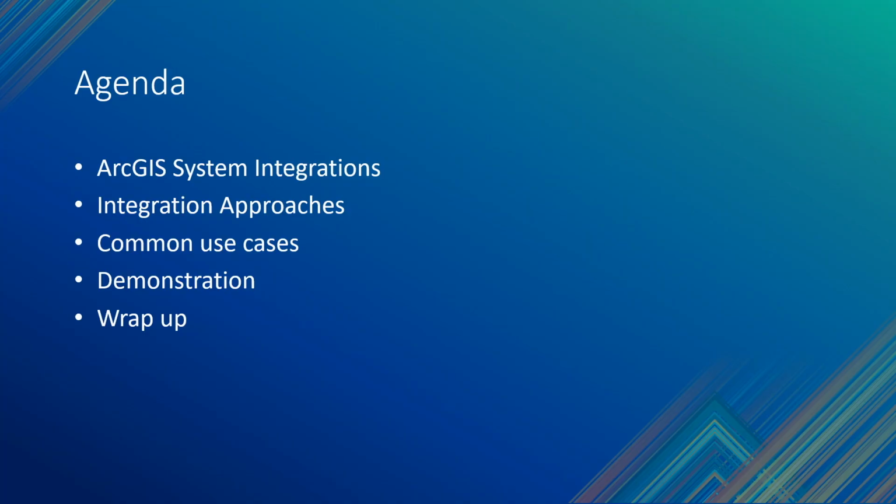So for today's session, we're going to focus on a couple of different things. The ArcGIS system integration in its totality, as well as a high-level way to achieve such an integration, as well as the different approaches that are possible when integrating ArcGIS Location Platform specifically with an external business system.